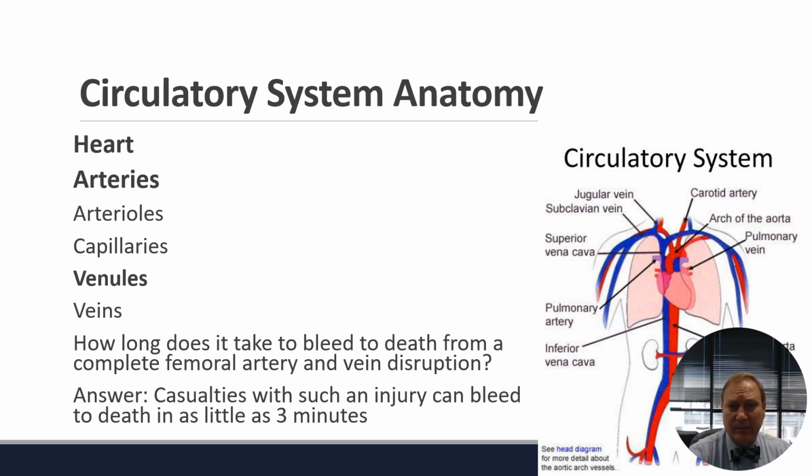Again, it really depends on what artery was damaged and how substantial the damage was, but it's really incumbent upon us to act quickly. In a minute, I'll talk a little more about self-care and buddy care: how do we provide care for ourselves, and how do we provide care for somebody in the immediate area of where we are?